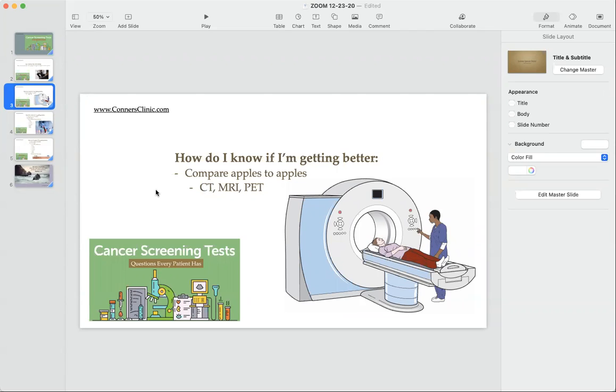Many times as a cancer is dying, it's breaking up, and the space occupying lesion looks larger on a CT or MRI scan, and it's not true. So it's not necessarily perfectly accurate. Even though these are considered gold standard, they're not always accurate. So just know that also.